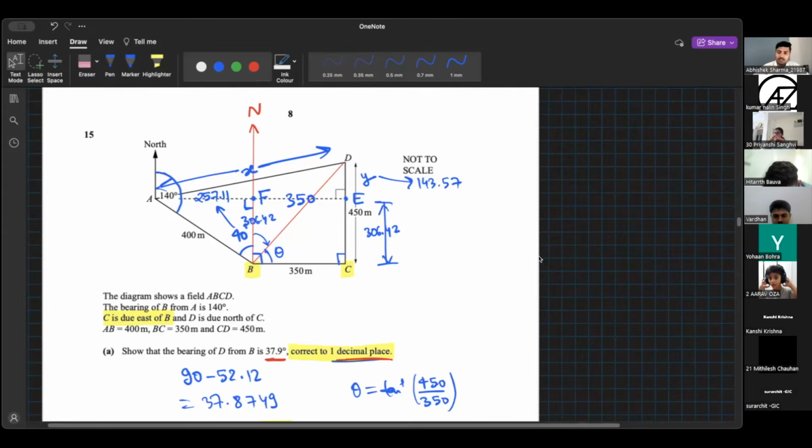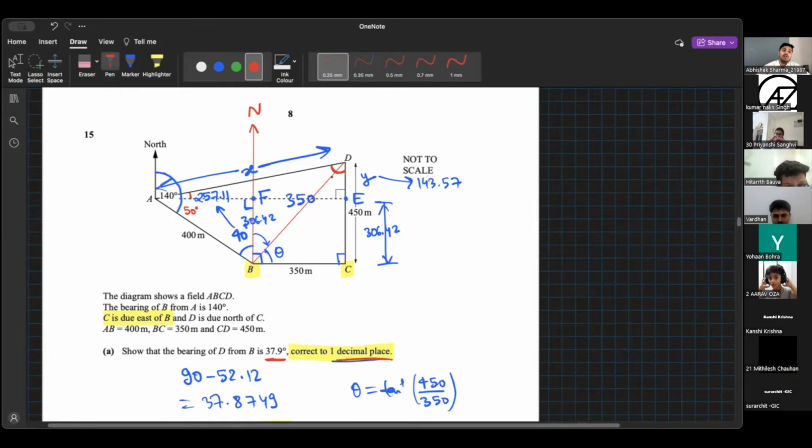Sir, we could also use the cosine rule now. We could do root of 350 square plus 450 square to find the final AD. Yes, we don't know this angle exactly. We can do AB, BD and AD, the cosine rule.